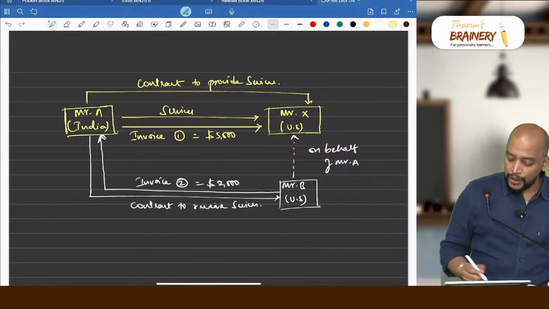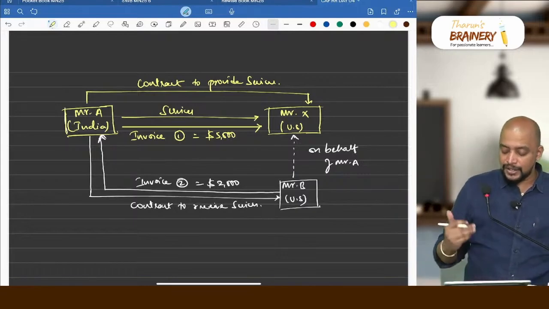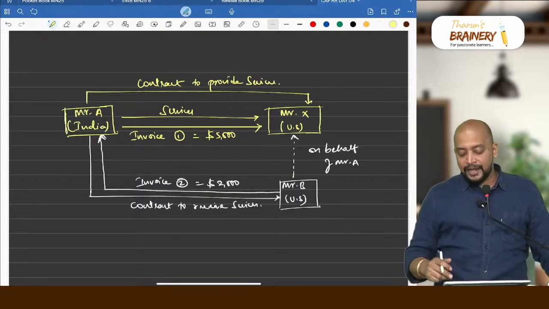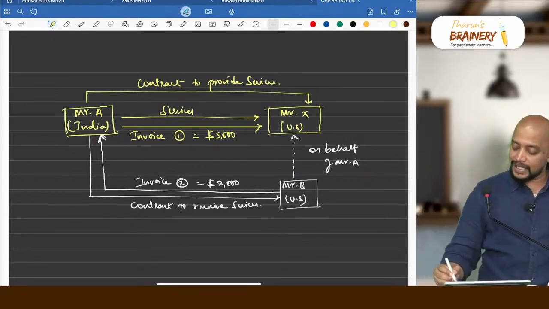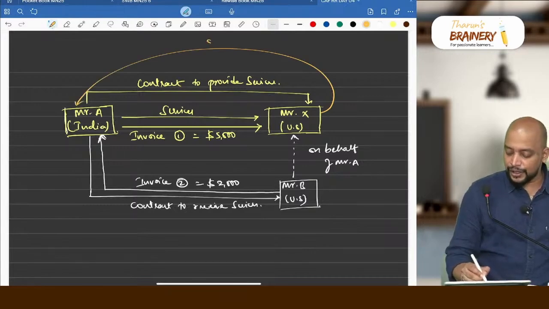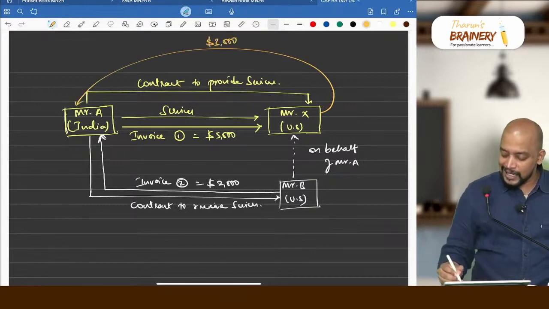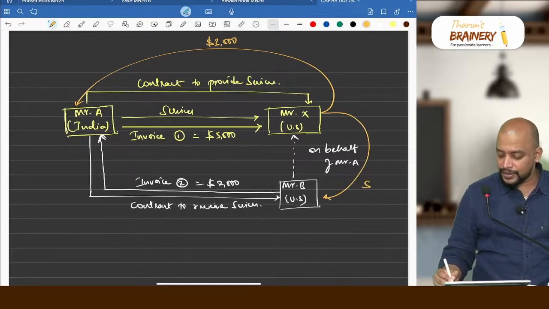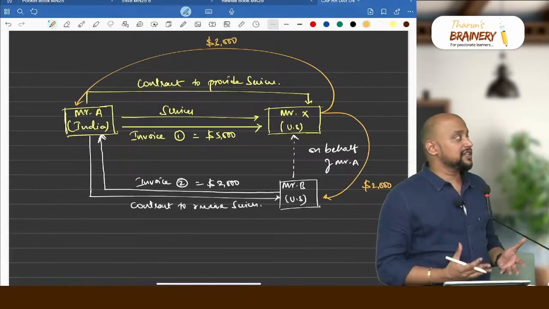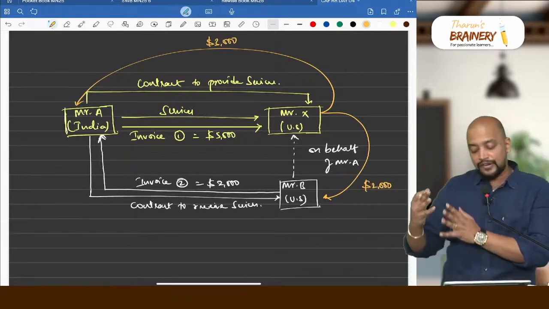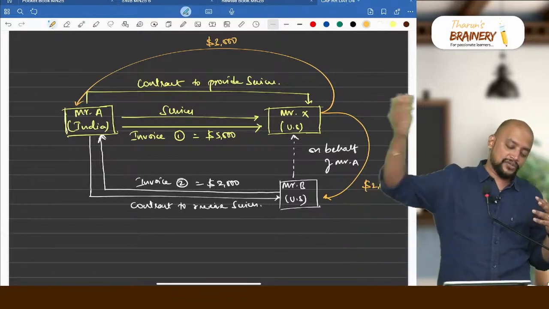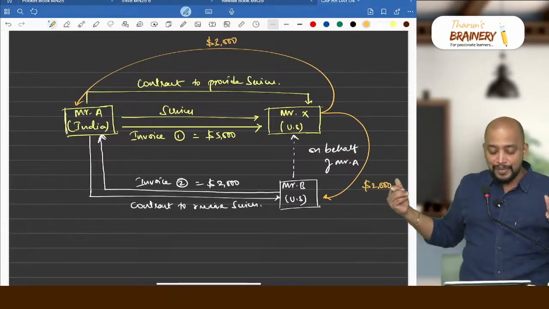Now what happens? A should pay $2,000 anyhow to Mr. B. So A requested X to remit $3,000 to A and pay $2,000 to B. So X remitted $3,000 to A and $2,000 to B. Anyhow, he needs to pay $5,000, and thereafter that would need to be given to B. This is known as bilateral netting.